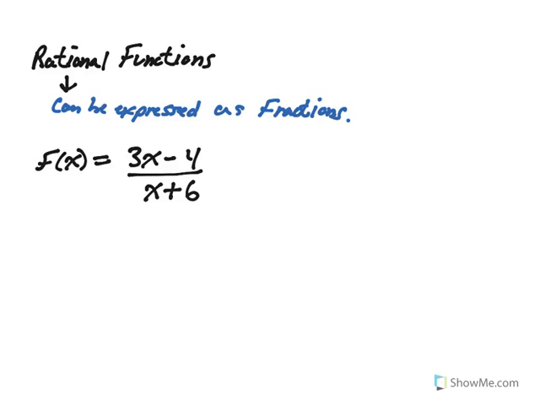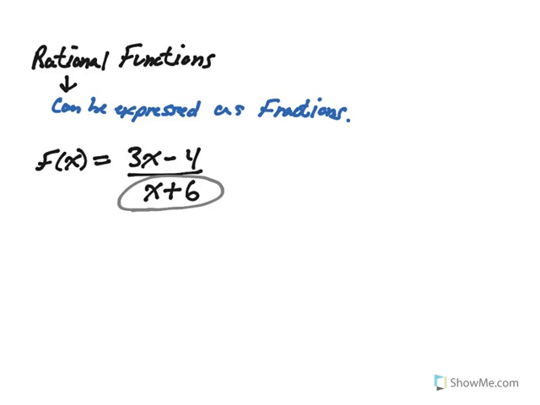When you have a fraction that contains polynomials, it's called a rational expression. Rational means it can be expressed as a fraction. That's clearly a fraction, maybe not a nice fraction, but it's a fraction. What we want to do is focus on the denominator, not the numerator. The numerator can be whatever it wants, but the denominator has a restriction.